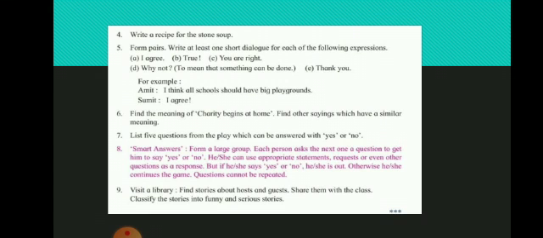Next one. List five questions from the play which can be answered with yes or no. You have to find out five questions which can be answered with yes or no. For example, does it melt away? It means here the stone. So your answer can be yes or no. Does it melt away?